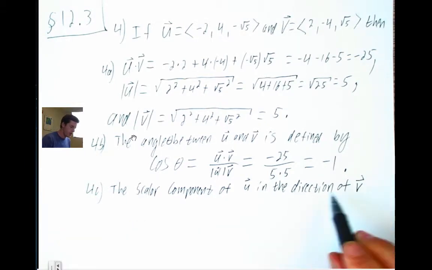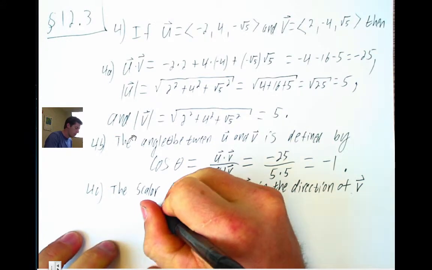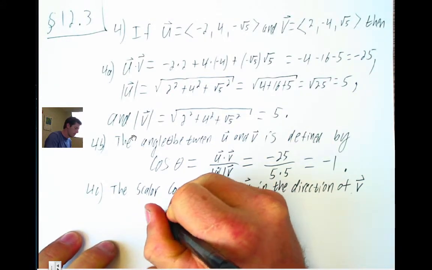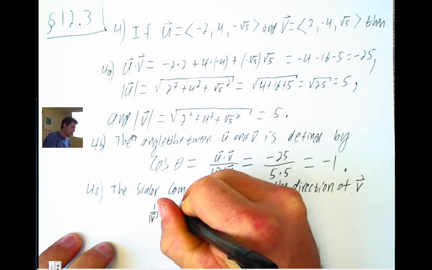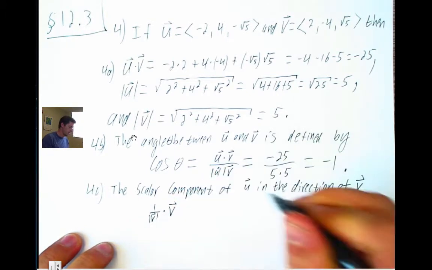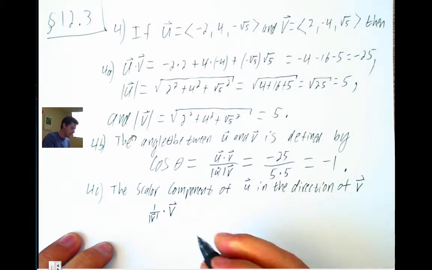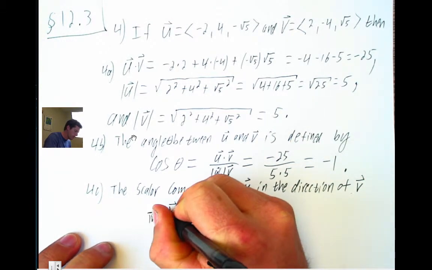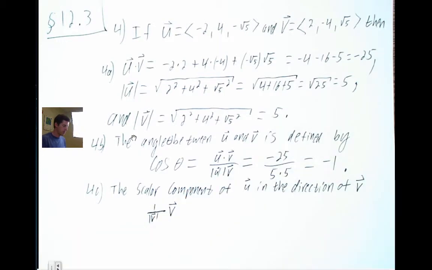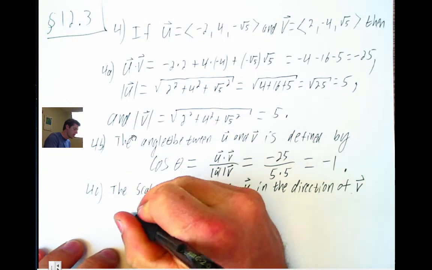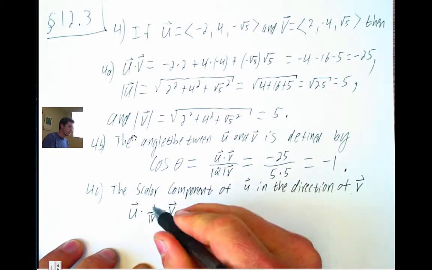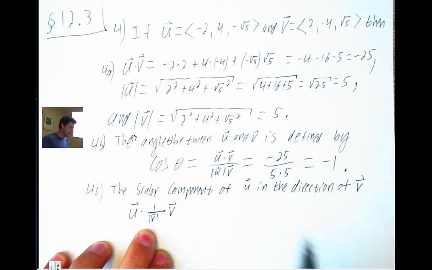Okay, so the direction of v, I remember from the last section, is 1 over the magnitude of v times v. Okay, and so, oh man, I really ought not use that dot symbol right there, right? Because there's a cross product now that you have to worry about. It's especially good because the scalar component of u in the direction of v actually is u dotted with the direction of v.